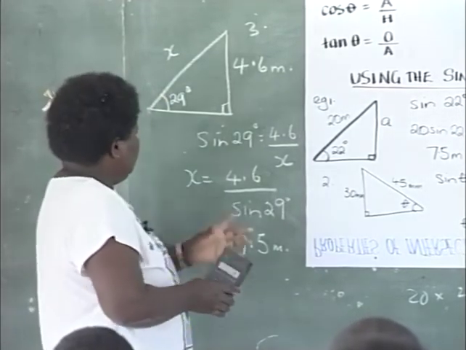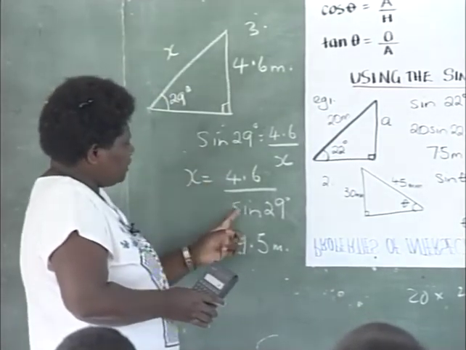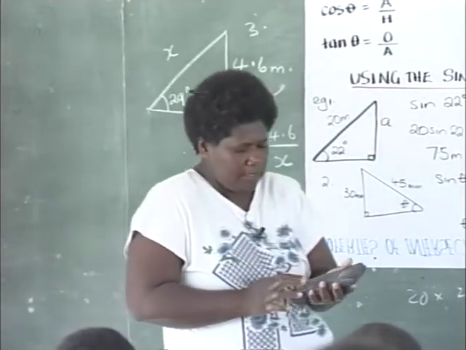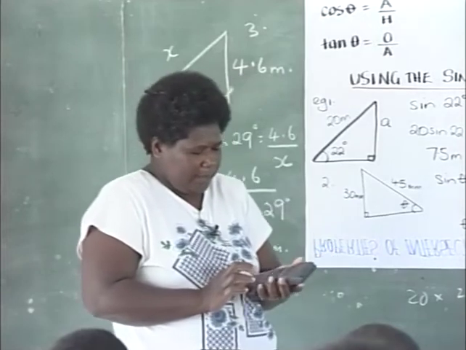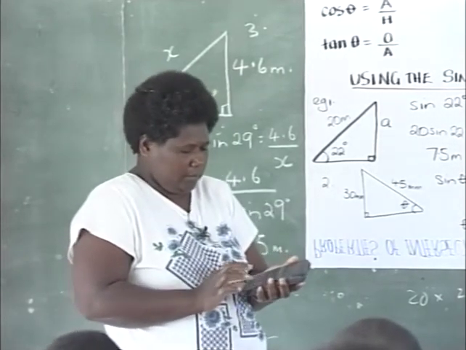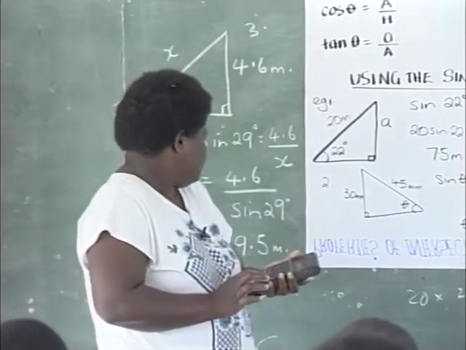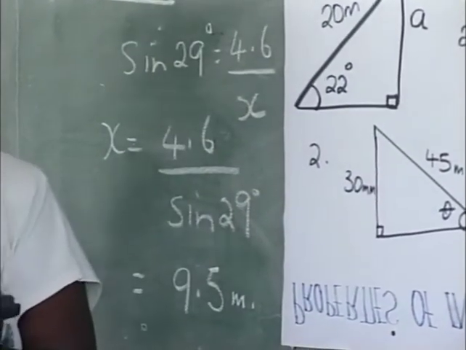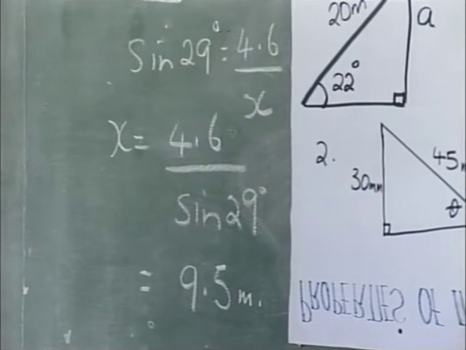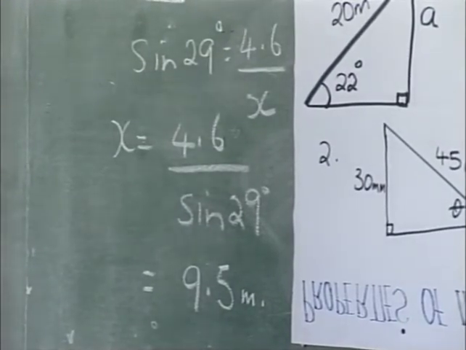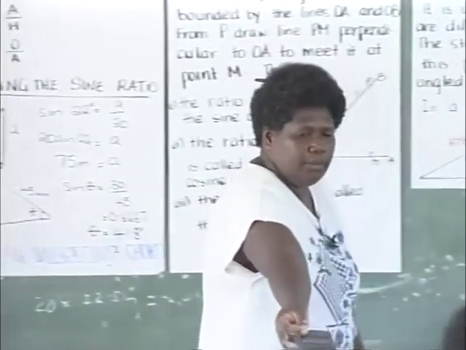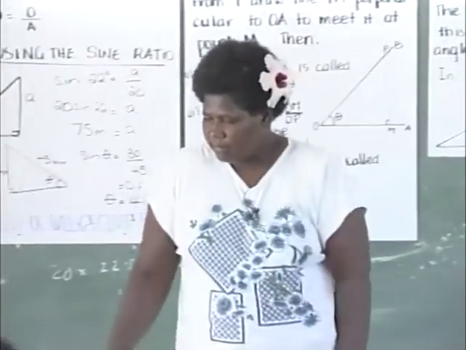So, 4.6 divided by sine 29, and then you press the equal sign. We get 9.488, which is 9.5 to 1 decimal place. Clear now? Okay, now you can do the exercise.